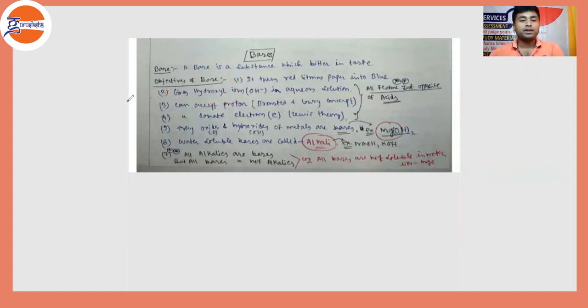So in acid it gives H plus, and a base gives OH minus. Okay, so the third objective is that a base always accepts a proton as per the Brønsted-Lowry concept.